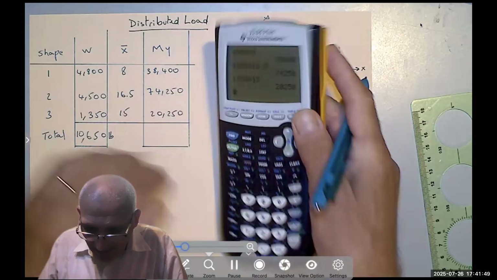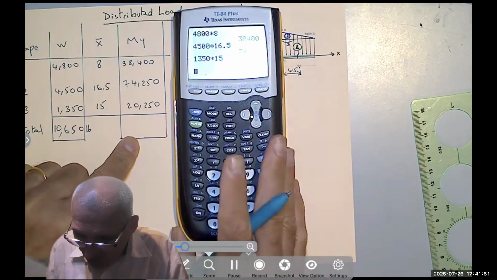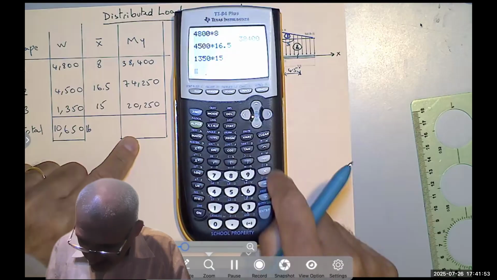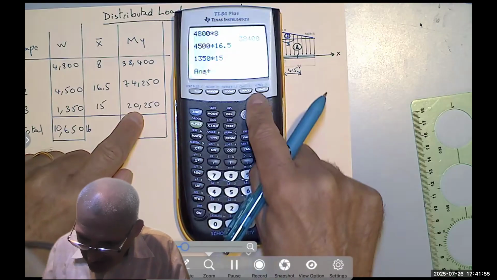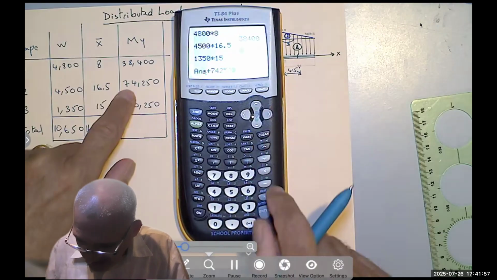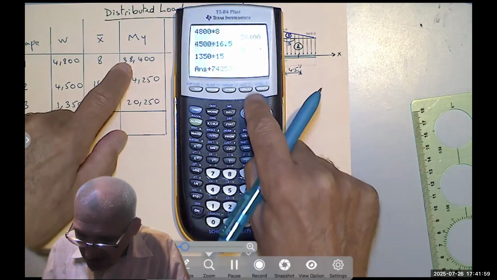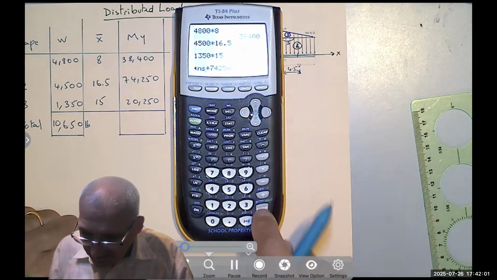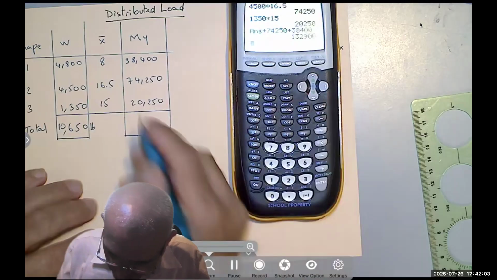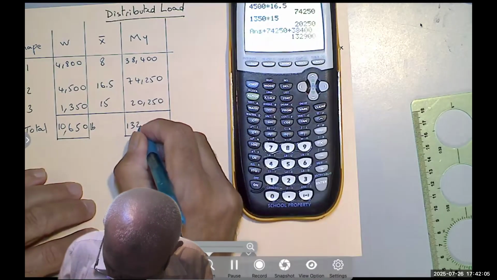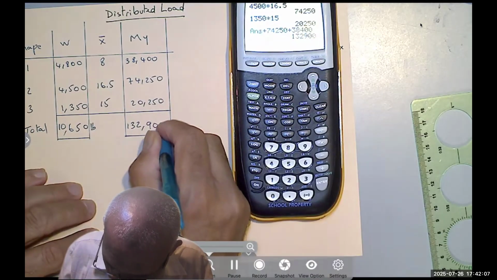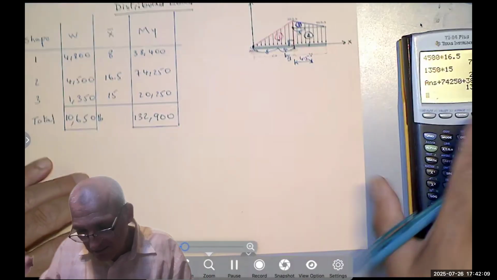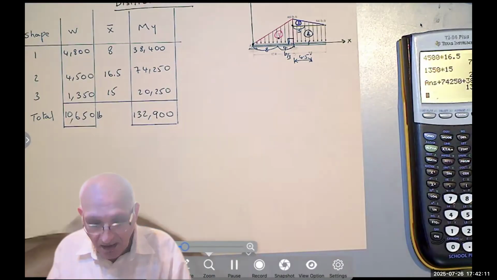And then you add them up to get the total of the moment about the y-axis: this guy plus this guy plus that guy, 132.9. Okay?